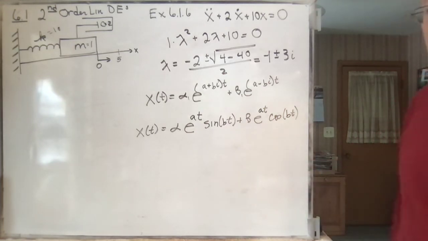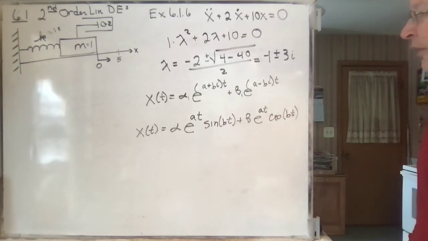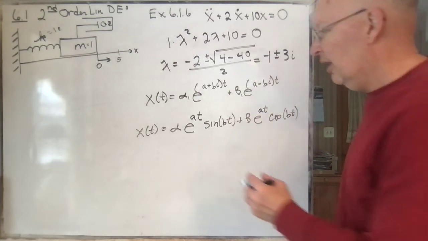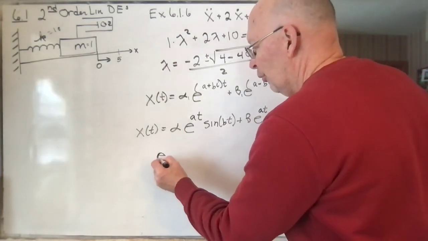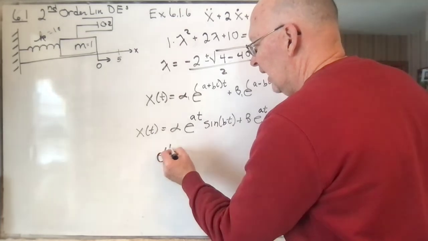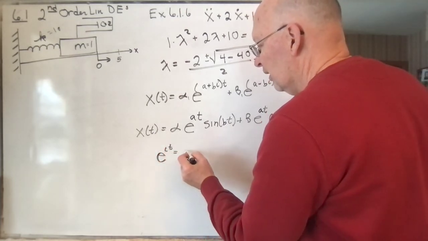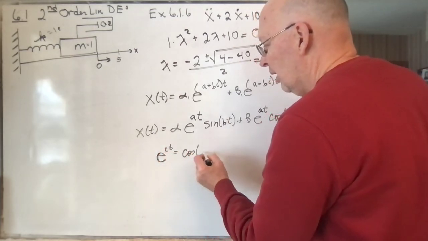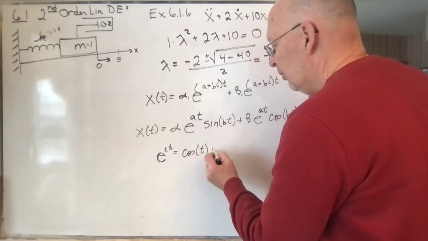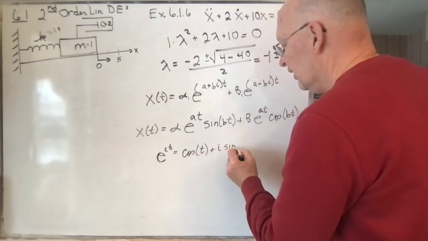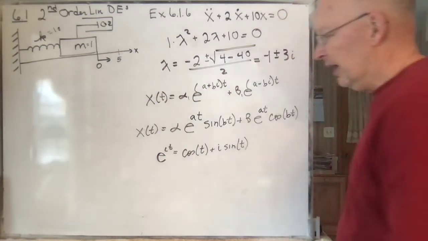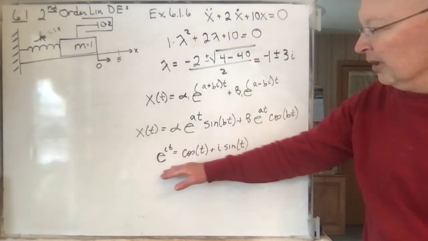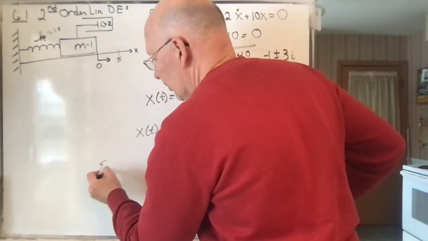The details are in the book, but the reason is that e to the it can be written as cosine of t plus i sine of t. That's called Euler's formula. Euler is spelled like this.